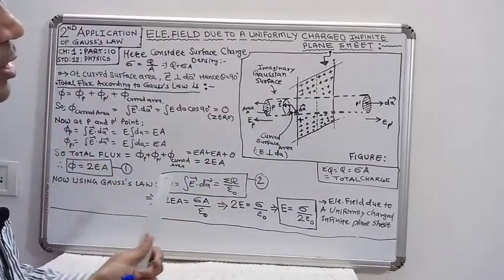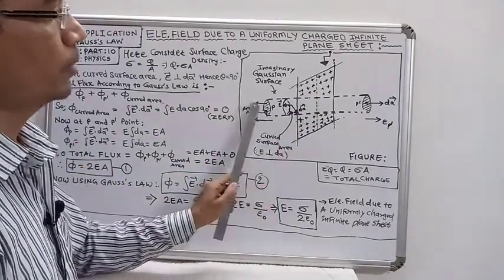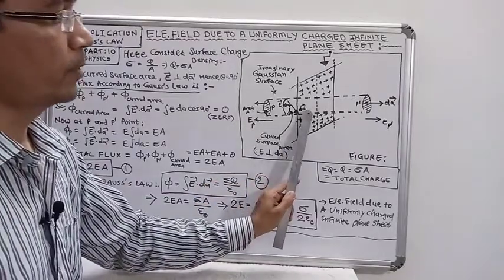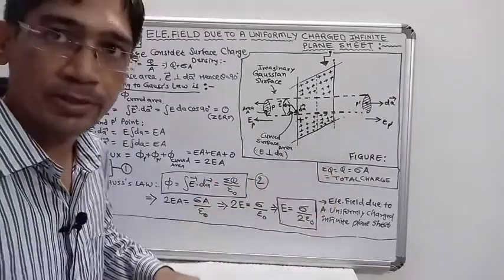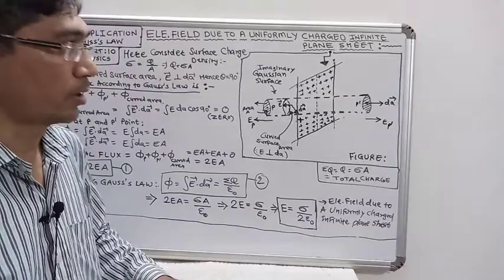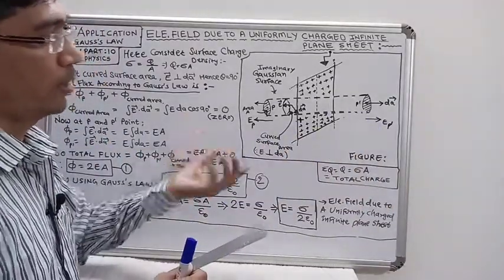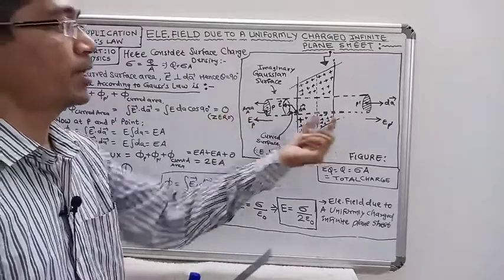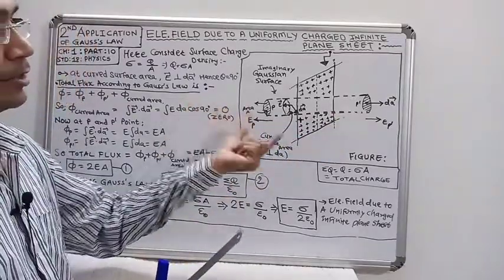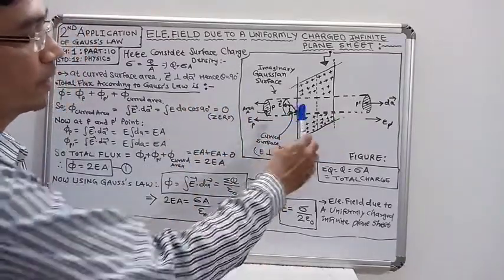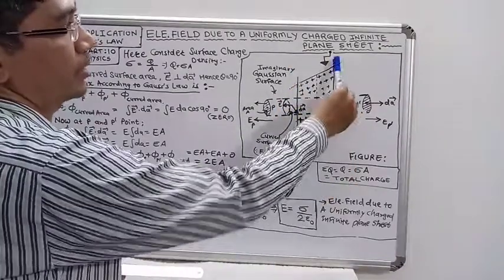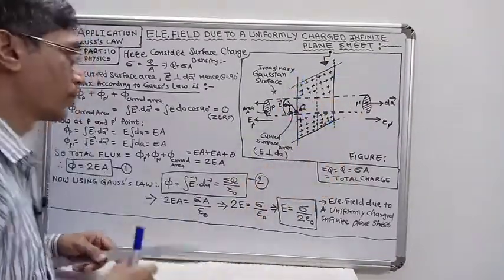Now the distance from the plane to the point P and from the plane to the point P dash is equal. Even if we extend the distance, we still get P and P dash at equal distances, because here we are using an infinite plane sheet.